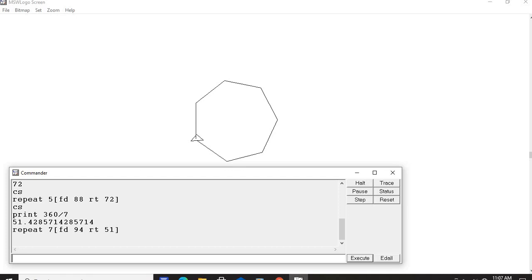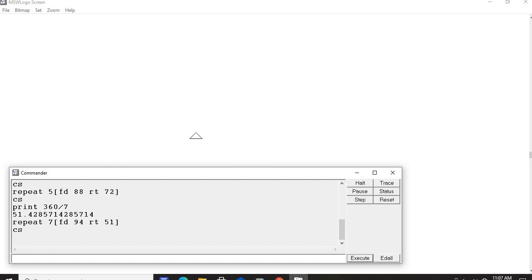Now the next figure in your book is on page number 91. It is the octagon. An octagon has 8 sides. So first of all I will give CS. Then I want to see, if I have to draw an 8-sided figure, how much angle should I take? So print 360 / 8, it is giving me 45. So now to draw the octagon, we will give the command repeat, then 8, because an octagon has 8 sides.